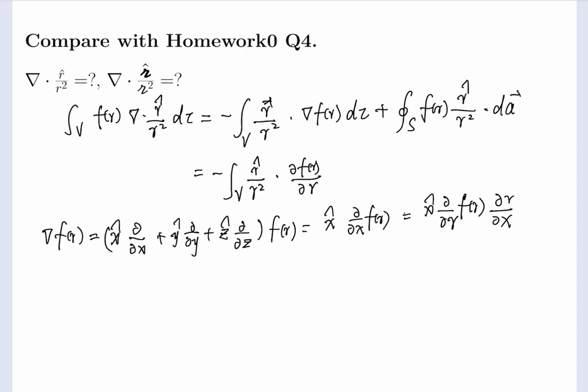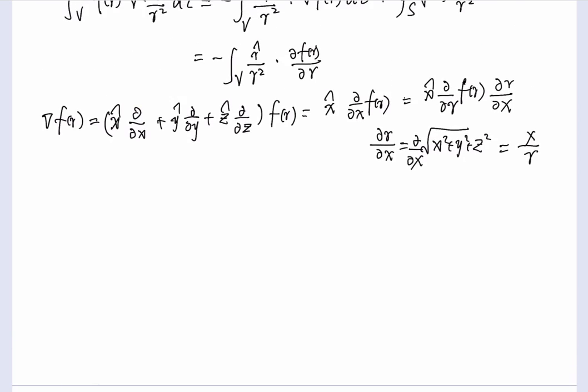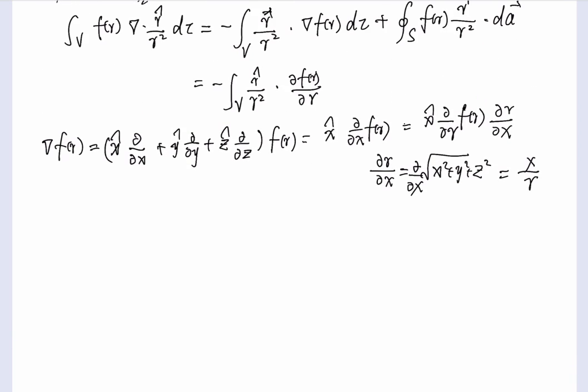So here the partial r partial x should be the partial x of the square root of x squared plus y squared plus z squared. So it's 1/2 x over r. Did I do it correctly? Okay, so let me know if I did anything wrong, so I can try to correct.